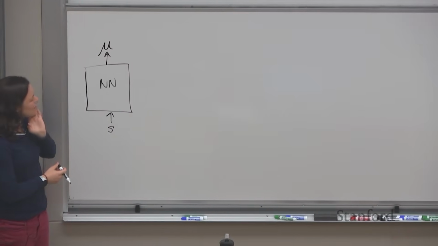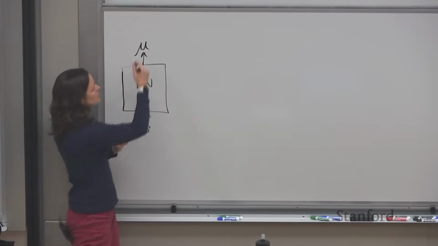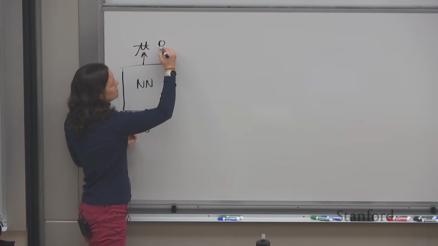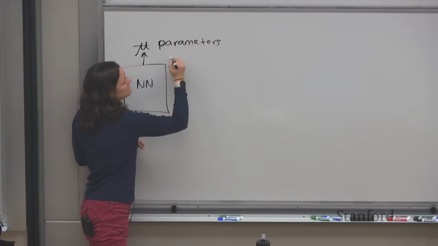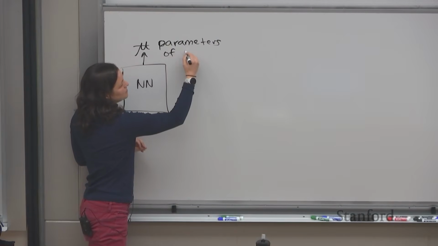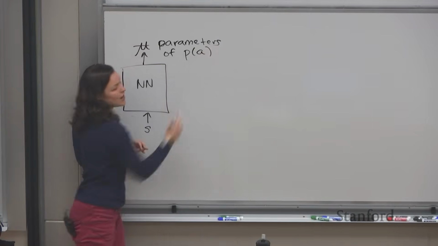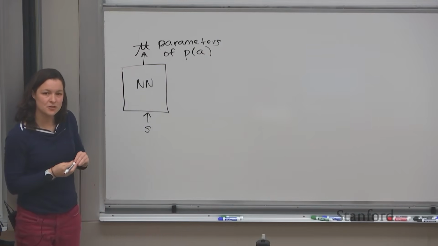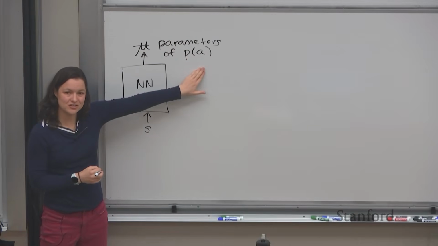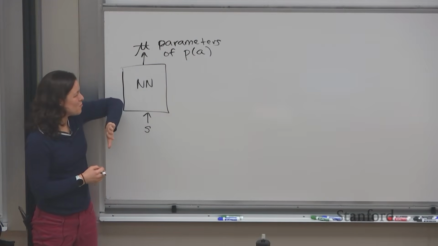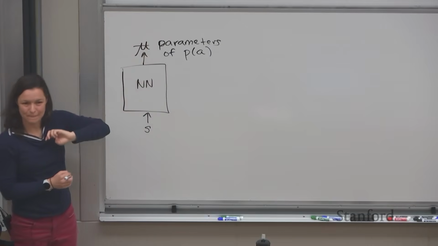And instead, what we'd like to be able to do is have this neural network actually output the parameters of a distribution over actions. And if it can output a distribution over actions, then we should be able to capture more than just the mean.